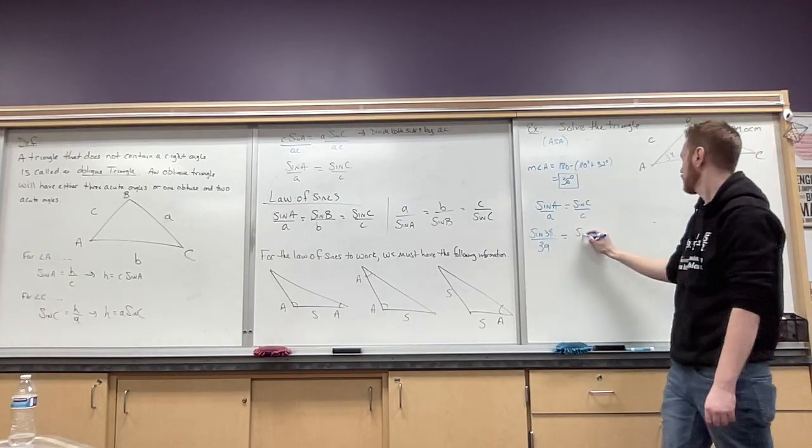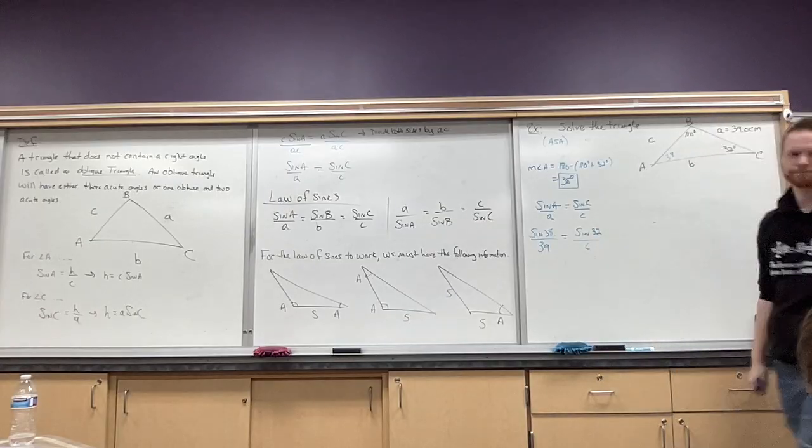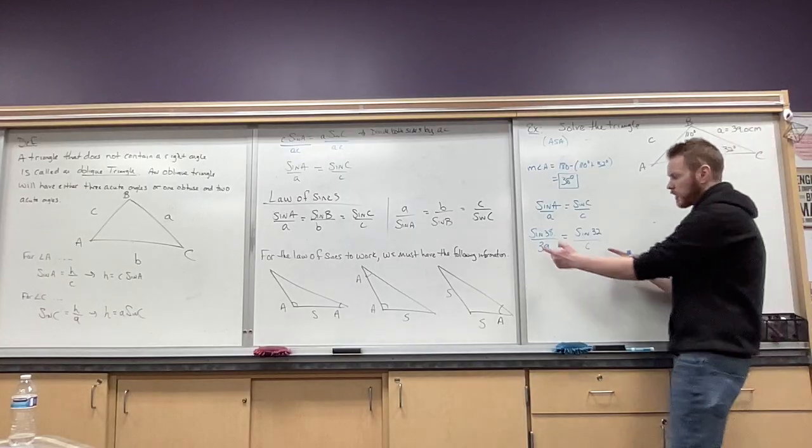Oops. Sine of 32 over c. Sorry about that. Again, when you set these up, you want to make sure you only have one unknown. If you have more than one unknown, then again, you might have to find something else out, or you just can't use this. We can cross multiply here.